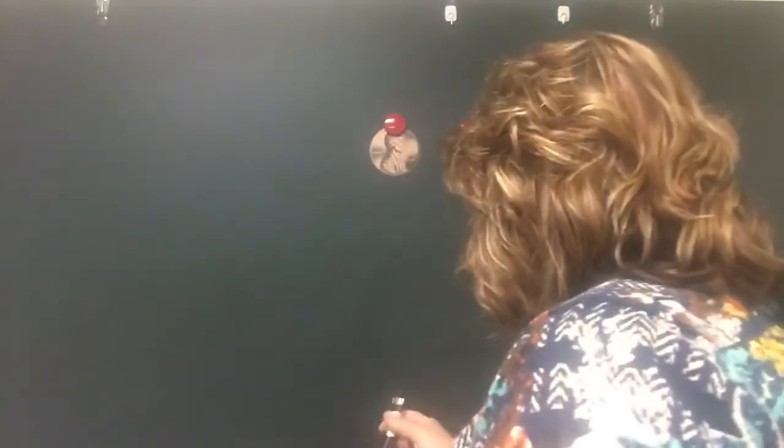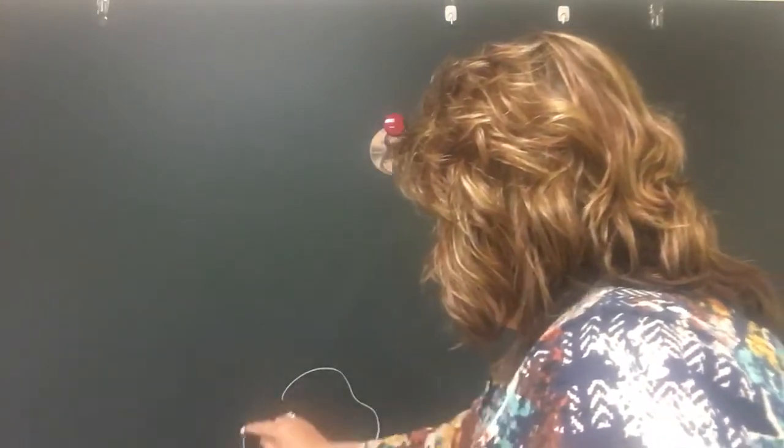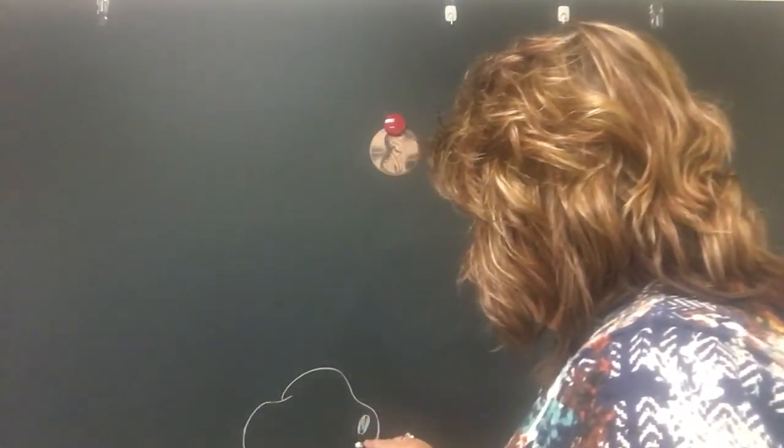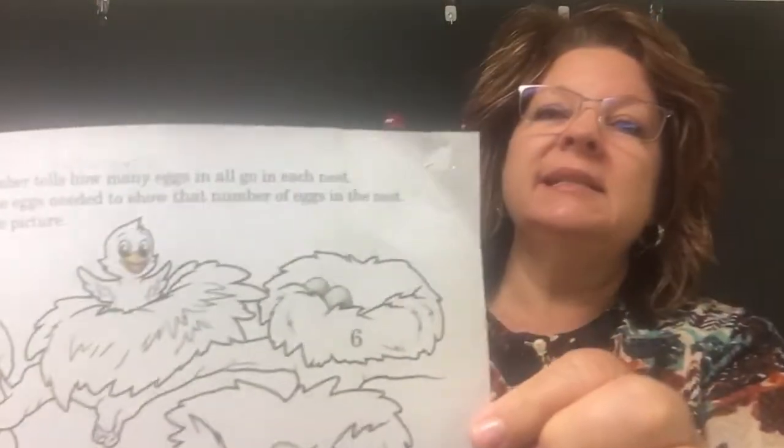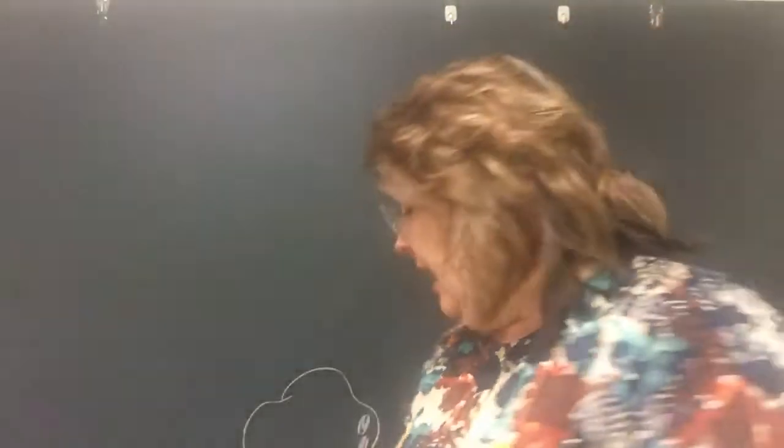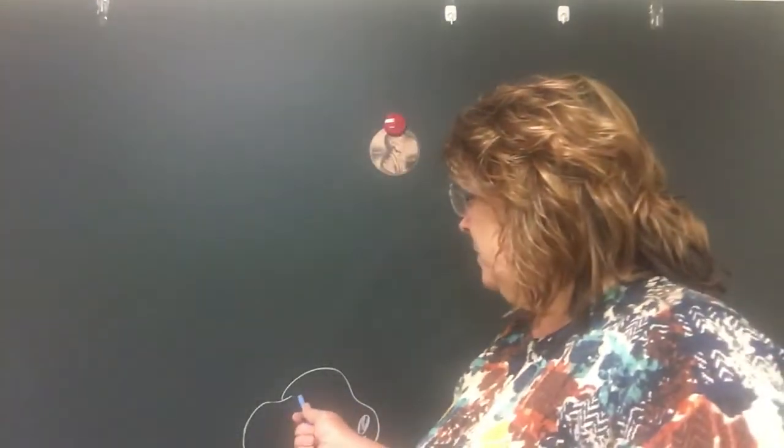So let me draw us a little nest right here. All right, so here are our 2 that are already in there. We have 2, but we need 6. All right, so let's see how many we would have to draw to make 6 eggs in the nest. Okay, so we have 2 plus 1 more would be what?